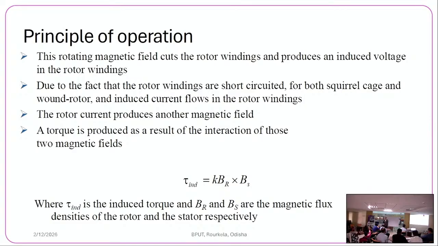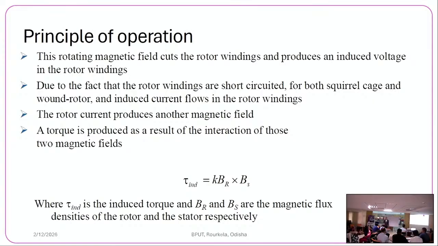The EMF induced and the current will be such that the resulting torque will minimize the relative speed, since that is the cause. So the rotor will rotate in the same direction as the magnetic field. Relative speed means the speed of the rotating magnetic field with respect to the rotor conductor.